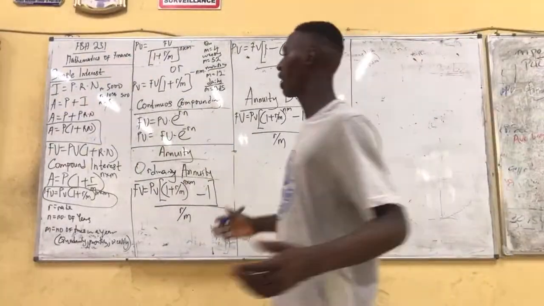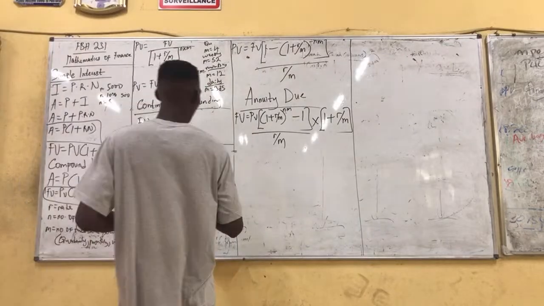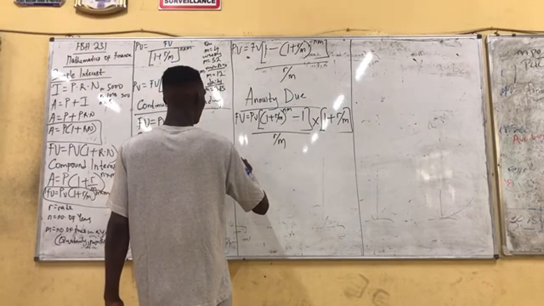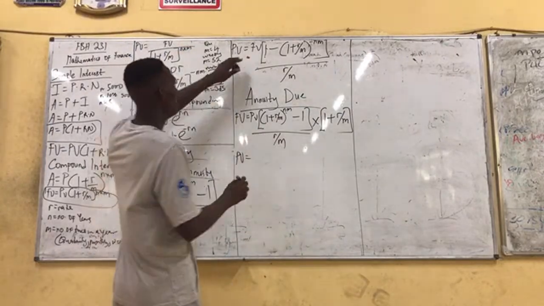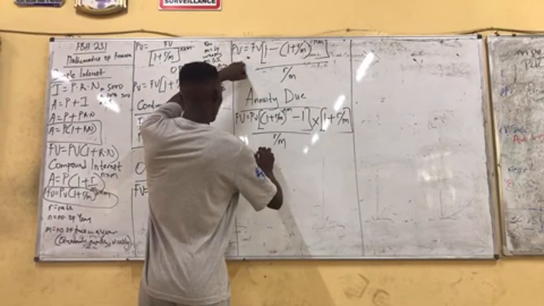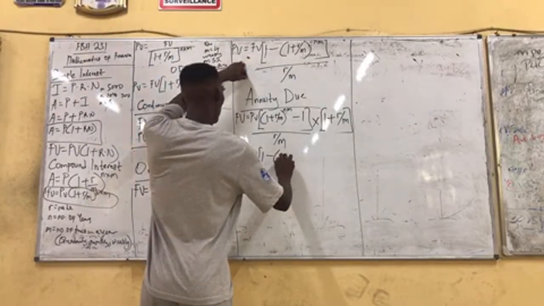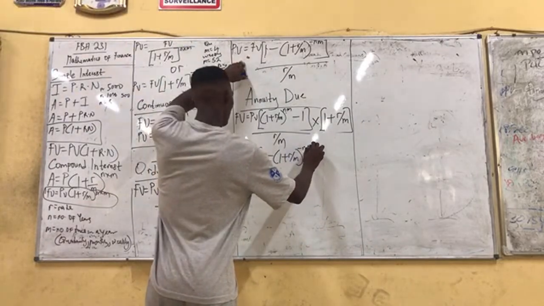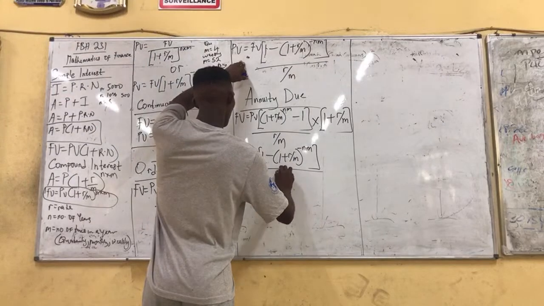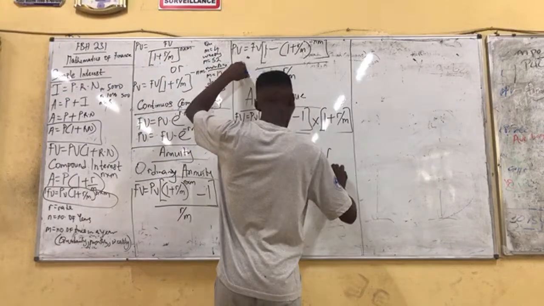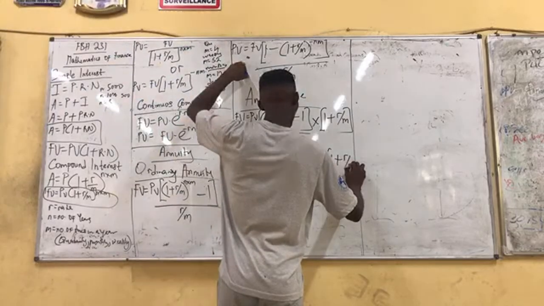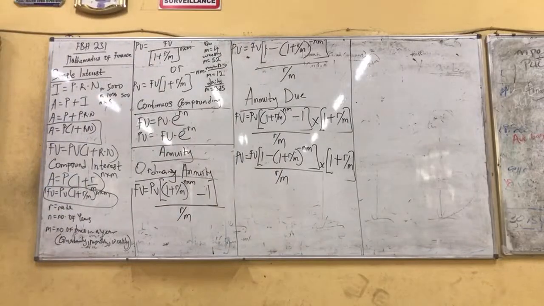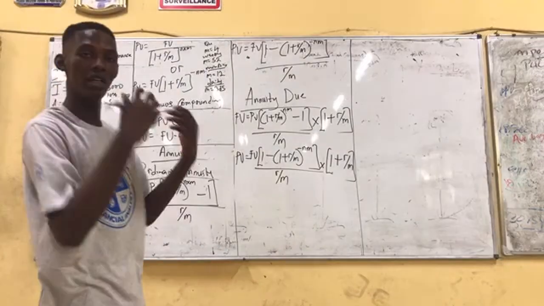For those online, you can also write this down because it's very important in the journey of our questions. Similarly, for our present value, it is future value, open bracket, 1 minus 1 plus R over M, close bracket, to the power of minus nM, over R over M, then you multiply it by 1 plus R over M. Like I said, the M for annuity is the same as for compound interest, which means number of times in a year.